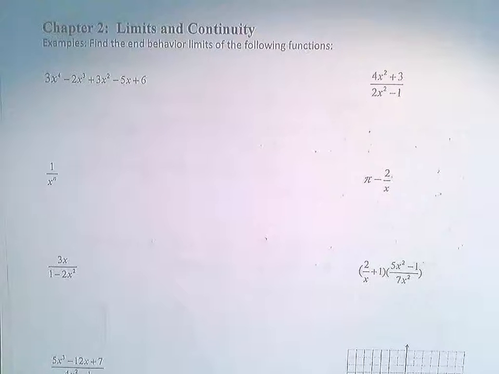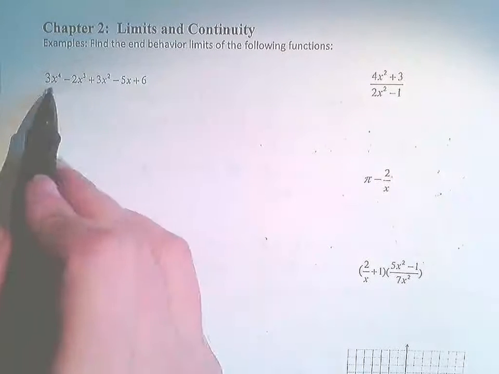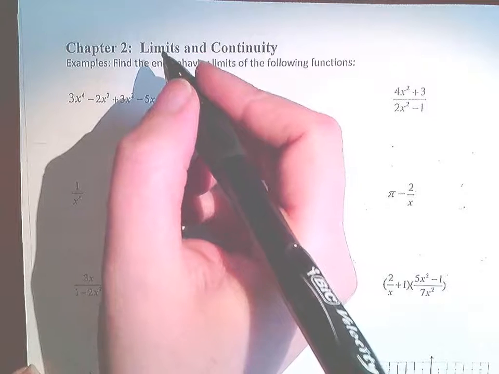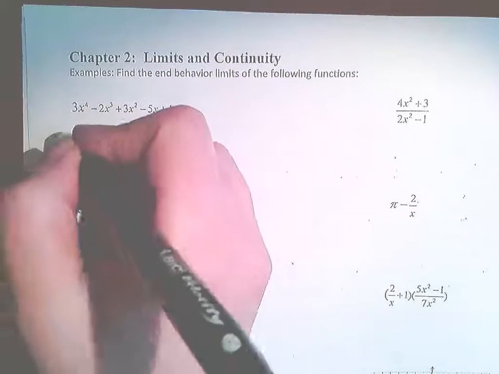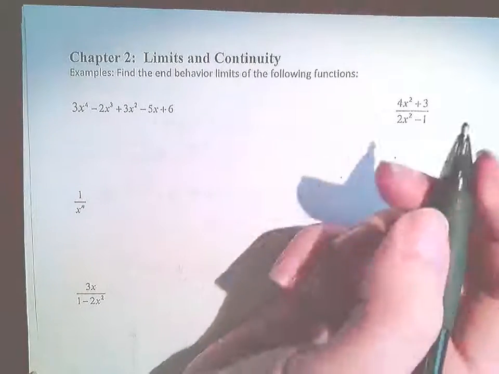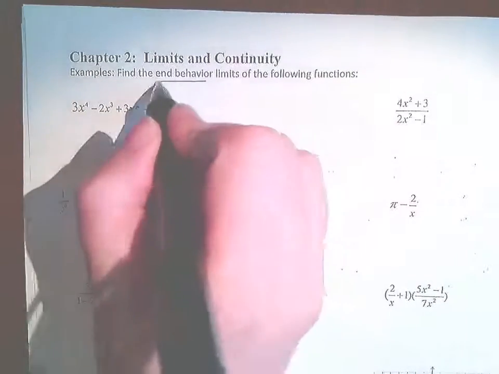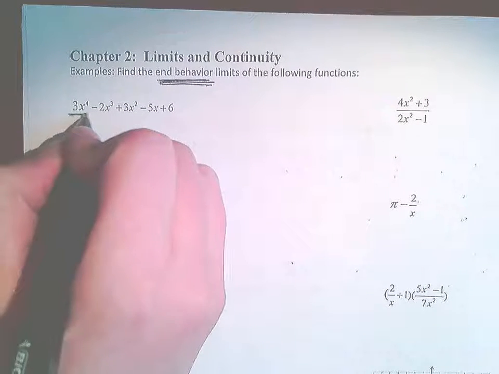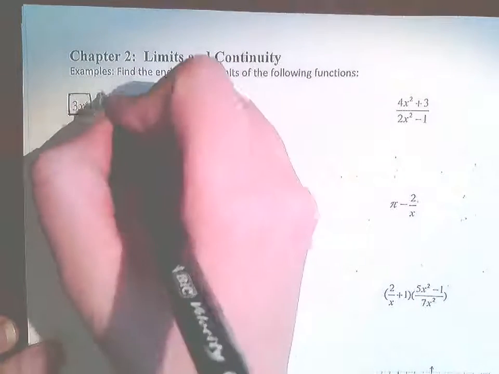We want to find the end behavior limits of the following functions, which means I basically want to know where this is going in the left and the right direction. So as x approaches positive or negative infinity, where is this graph going? Now, when you're identifying the end behavior, the leading term is what dominates.